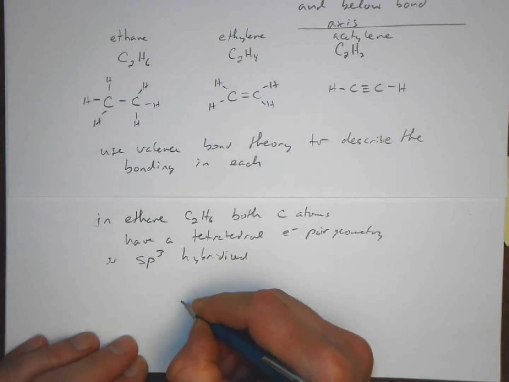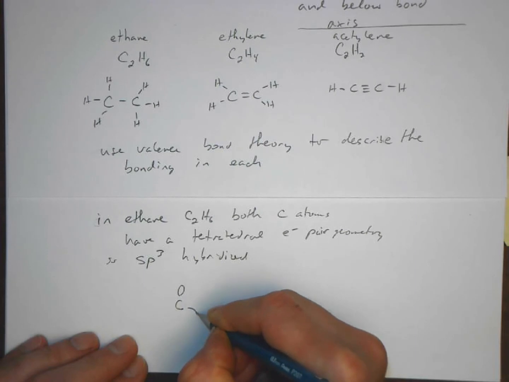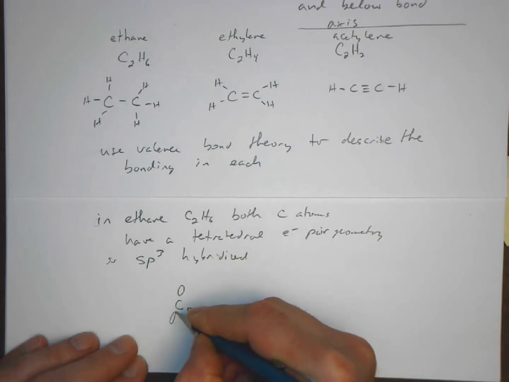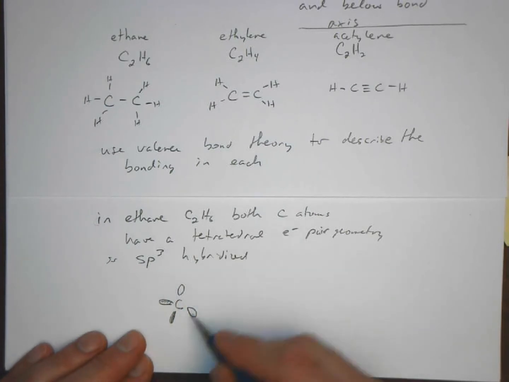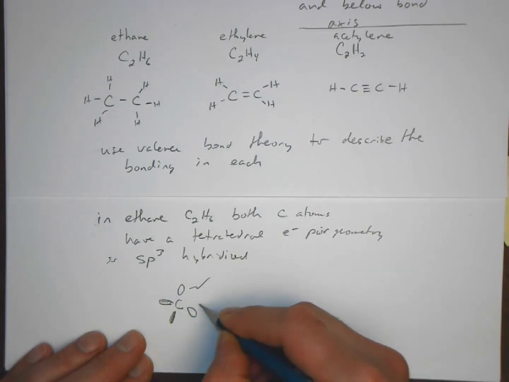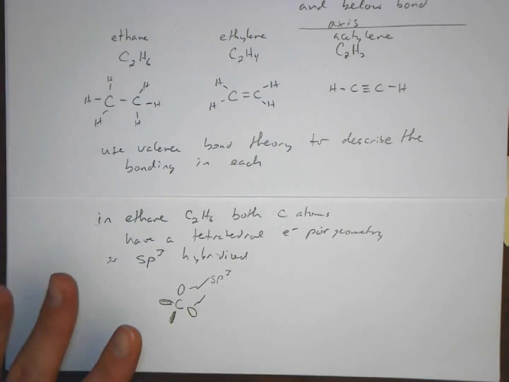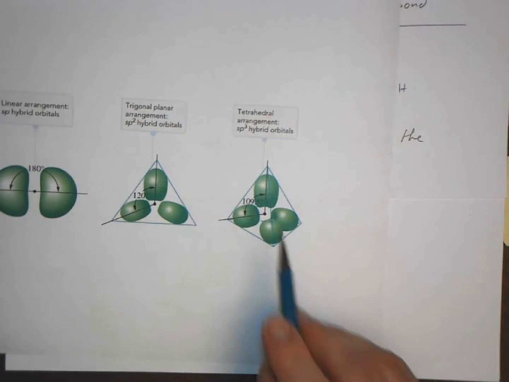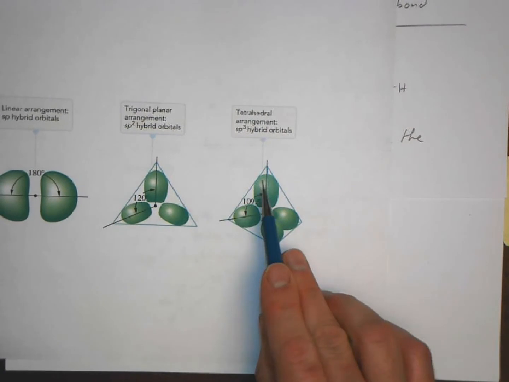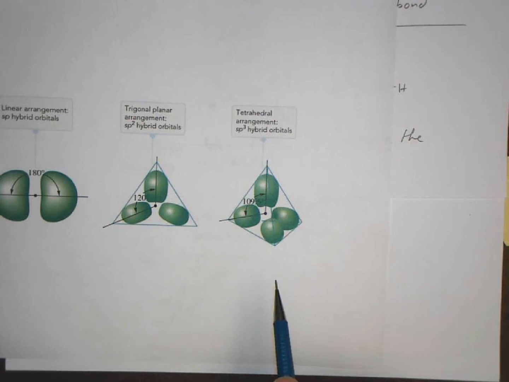So for each carbon atom, if we were to draw what it might look like, these are sp3 hybrid orbitals. There are four of them. They are equivalent. They occupy the space of the apex of a tetrahedron.